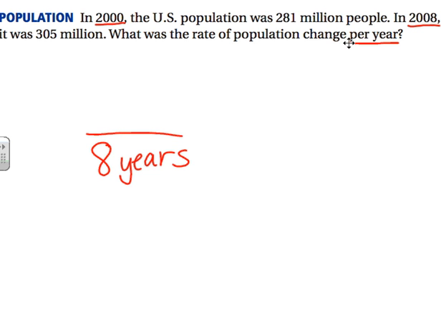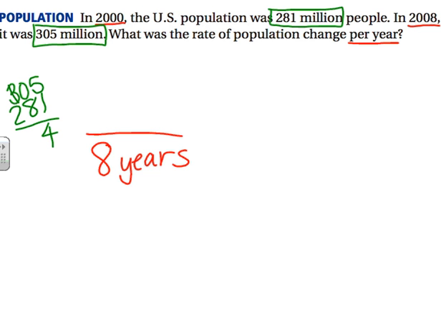Okay, next I'm going to look at how many people it increased by. It went from 281 to 305. So let's subtract to find how many more people we had. So that looks like 24 million people.